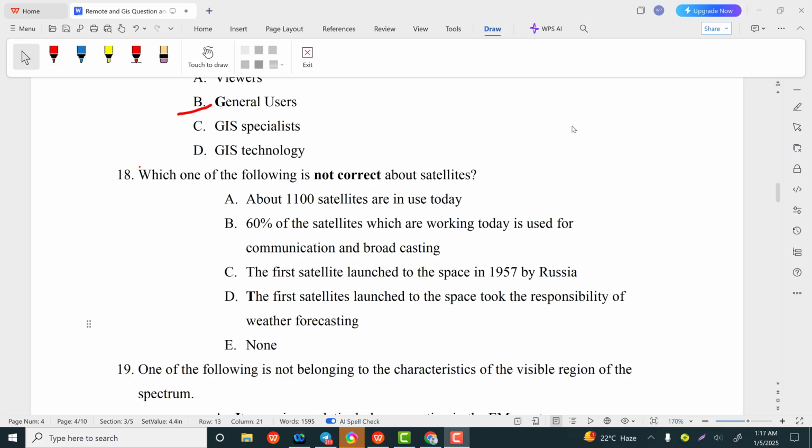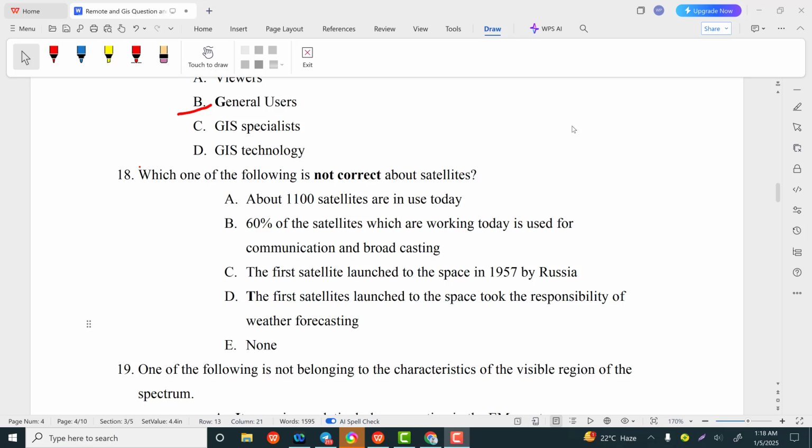Okay, let me give you an explanation about each item. The first item A is about 1,100 satellites in use today. This is a reasonable approximation. As of recent data, thousands of satellites are in orbit, so this is true.